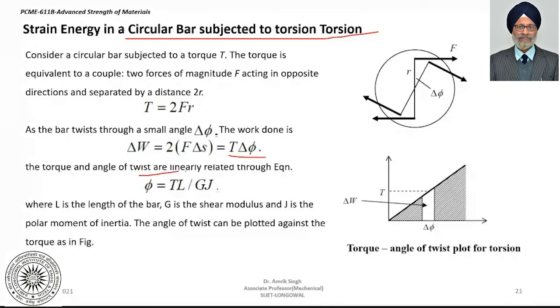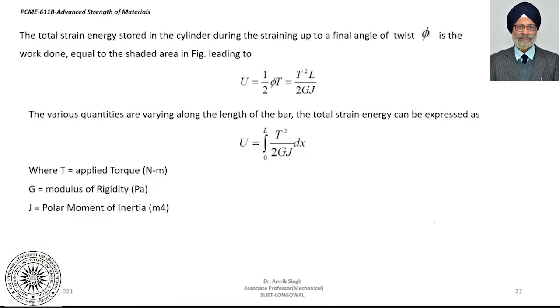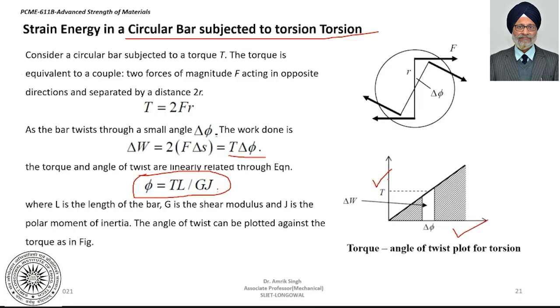By the torsion formula we know this, so we can make use of it and put the value of phi here. The torque versus the angular deformation diagram is drawn like this. The total strain energy will be given by half T into phi, because of the area of this diagram.